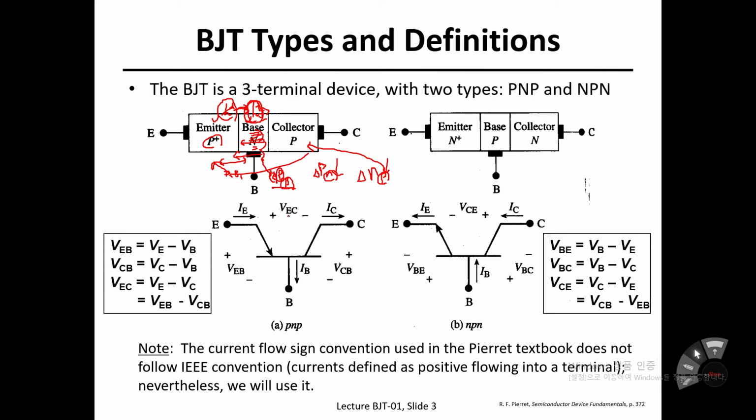So in the base, if the physical width of the base is shorter than a single diffusion length of holes injected from the emitter, then delta p sub B would be written as a first-order polynomial, I mean a linear function of x along the x direction.